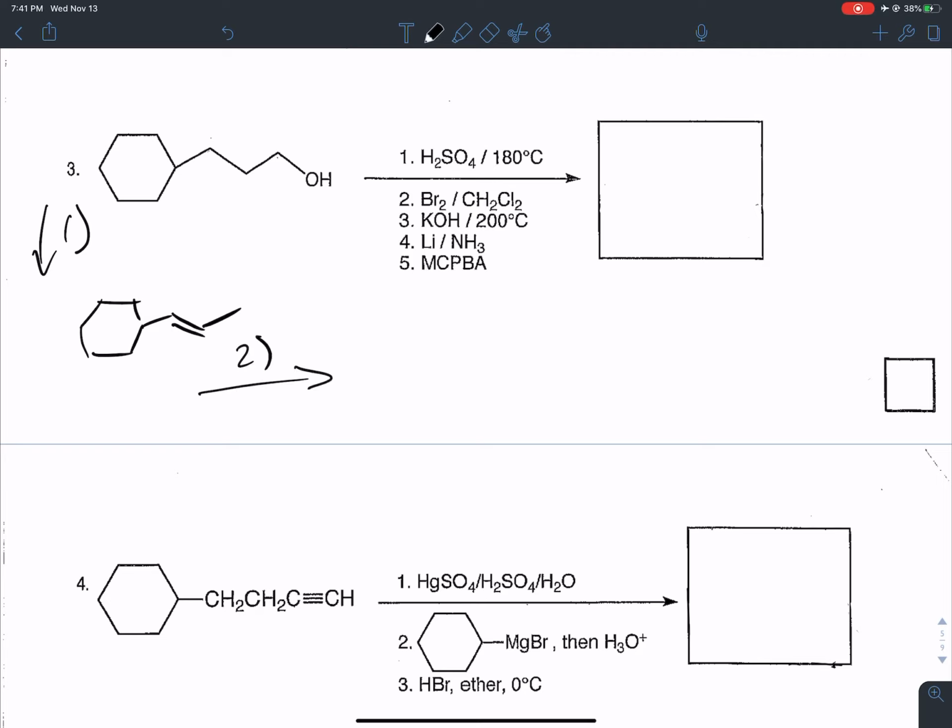Second step, Br2, and this is DCM. She may write it as DCM, dichloromethane. What that's going to do is it's going to add Br across the double bond. Both Brs will add. It proceeds through a bromonium intermediate. So you'll have a cyclic intermediate with bromine in there. And the second bromine will come and backside attack it. It's similar to the epoxide opening. What you'll end up with is a vicinal dibromide.